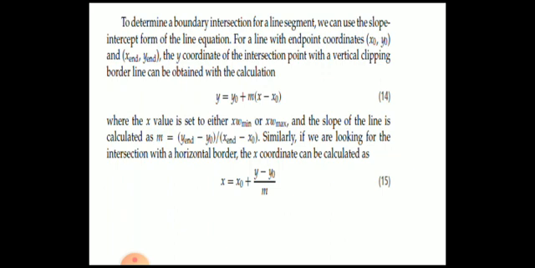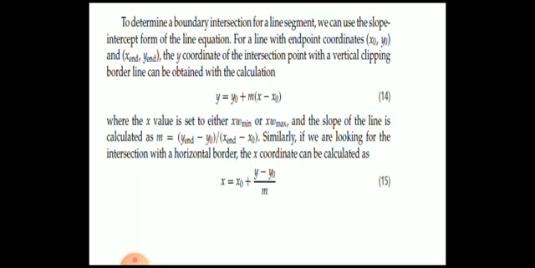For a line with endpoints x0, y0 and x end, y end, the y-coordinate of the intersection point with a vertical clipping borderline can be obtained with a calculation such as y is equal to y0 plus m into x minus x0, where x value is either set to xw min or xw max, and the slope of the line is calculated as m is equal to the difference in y coordinate divided by the difference in x coordinate, that is nothing but y end minus y0 divided by x end minus x0.